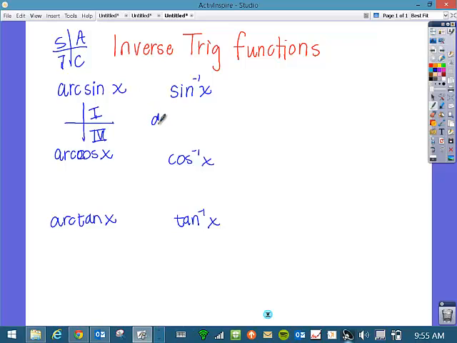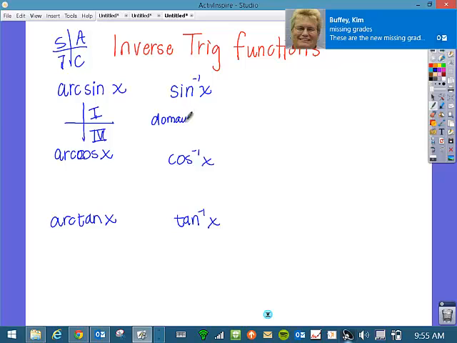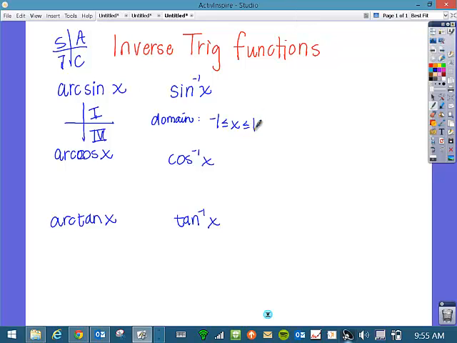So the domain restriction would be -1 to 1. And your range, if you're thinking about your values for y, up here would be pi over 2, and down here would be negative pi over 2. If you're going in this direction, it would be negative pi over 2. So your range is going to be somewhere in between pi over 2 and negative pi over 2.